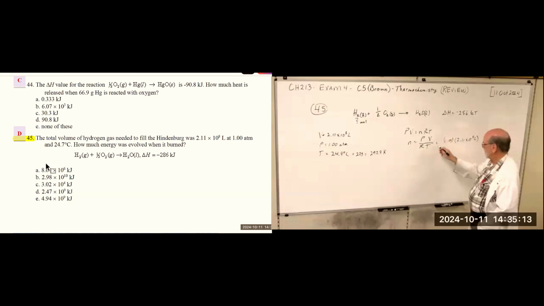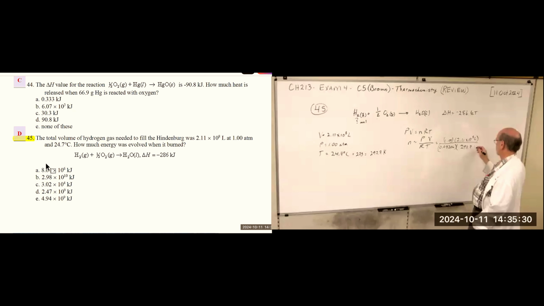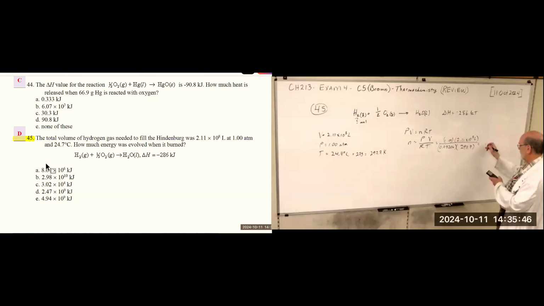That's good because our constant is liter atmospheres per mole K, which is 0.08206. And temperature is 297.7. So that should give us the number of moles of hydrogen. So I get 8.64 times 10 to the 6 moles of hydrogen.